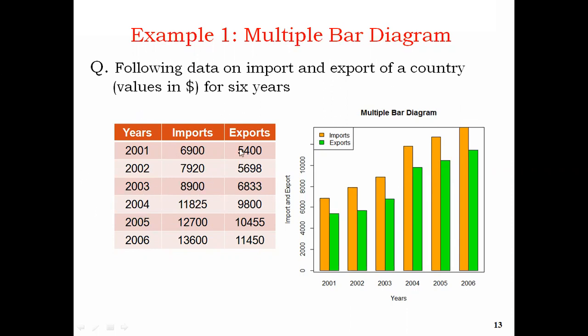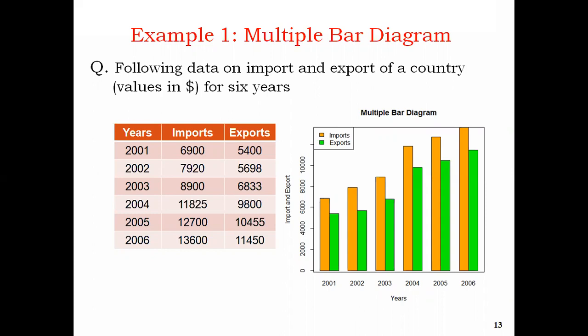On the basis of this example, with the help of this data, I am drawing this multiple bar diagram. Here I have denoted orange color as your imports and green color as your exports. Now you see how we can code it, how we can write it in R.